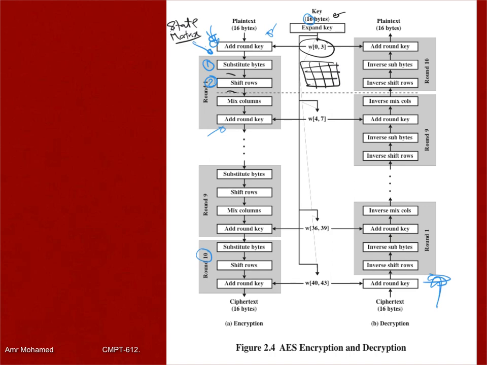The structure is matrix based, and the key itself is put in a matrix format, because we know how to deal with matrix format in software and hardware, which is very powerful. We know how to do XOR, we know how to do matrix multiplication, all of them in software or hardware.